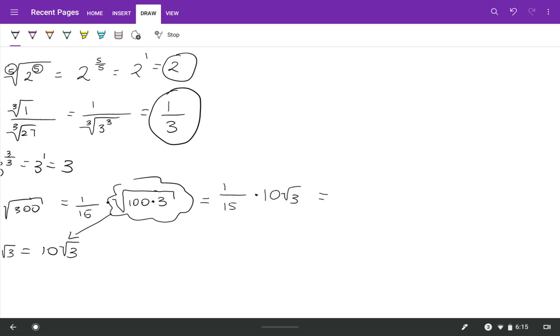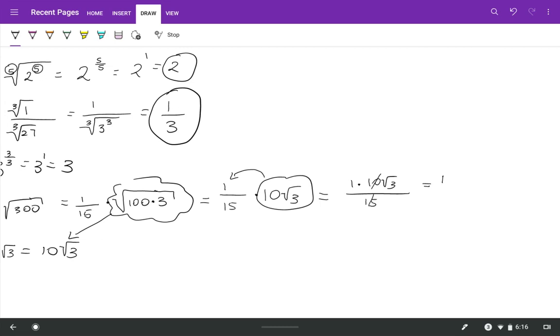So let's simplify. This is a number multiplied by a fraction. We multiply the numerator only. So we have 1 times 10 radical 3 divided by 15. 10 and 15, we can reduce them by 5.